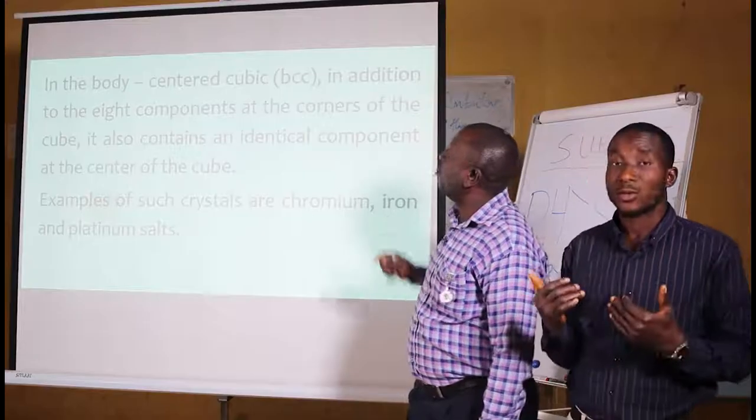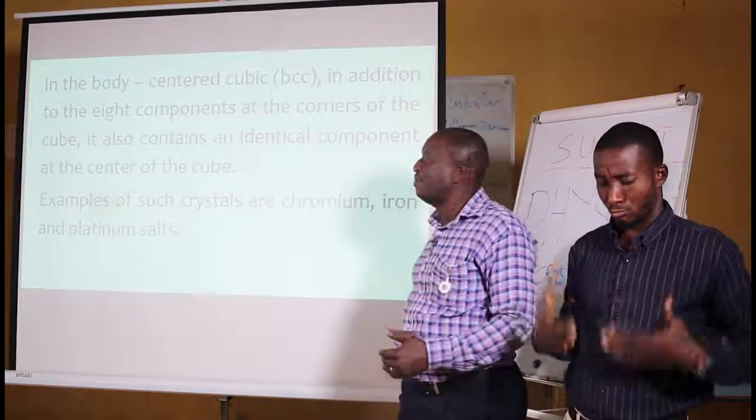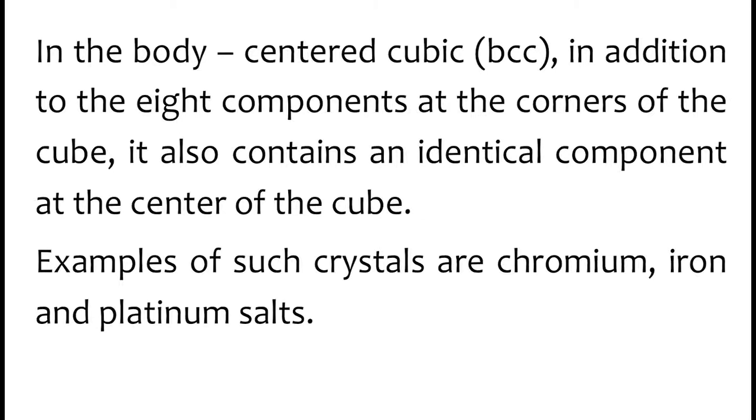Now in the body-centered cubic, that's BCC, in addition to the 8 components at the corners of the cube, it also contains an identical component at the center of the cube.